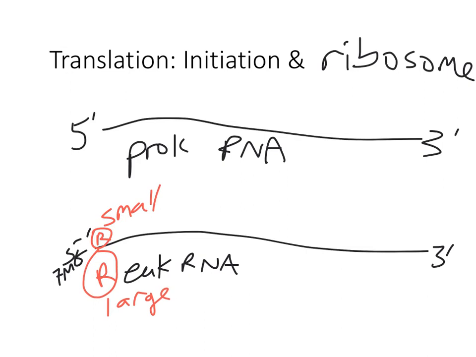Do you know what the first amino acid in every protein is? It's methionine. Okay, so if you know that, then that tells us that the ribosome has to find whatever part of RNA encodes methionine.